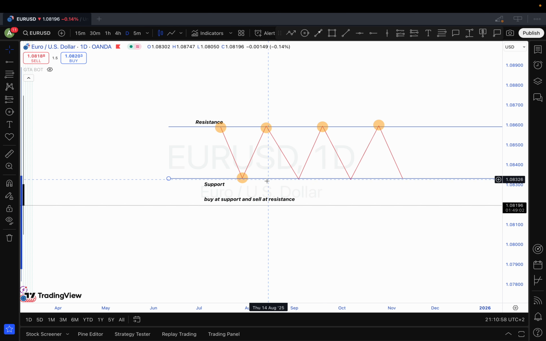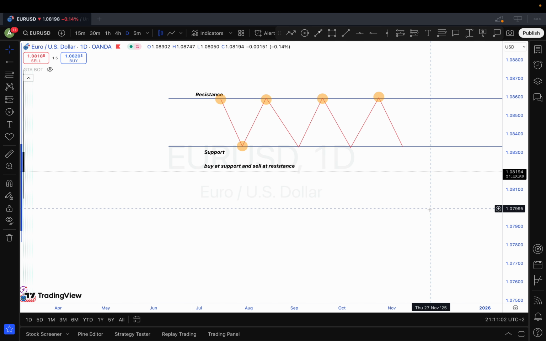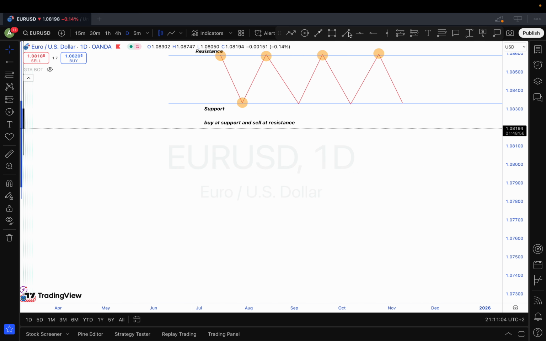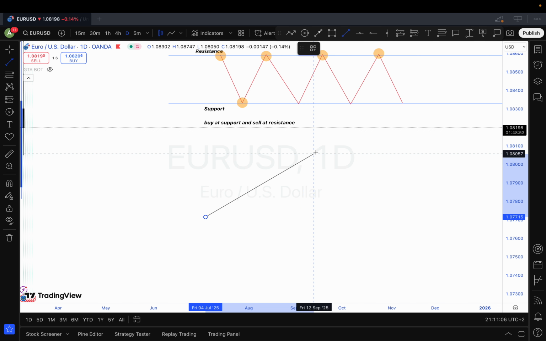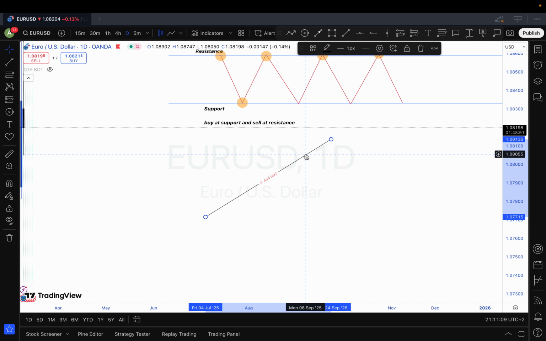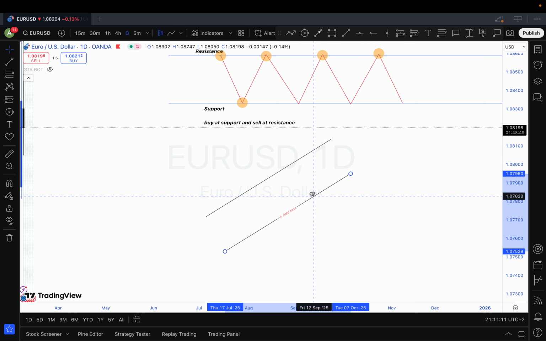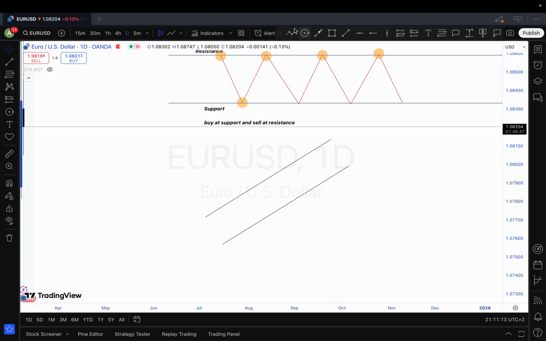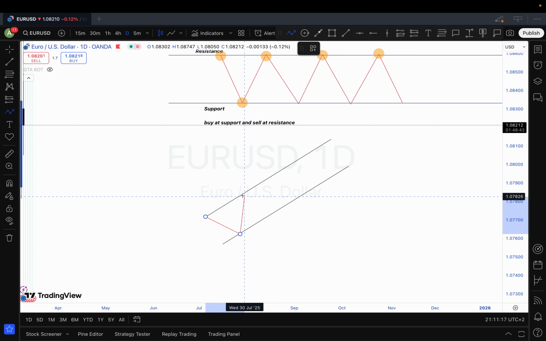And then again, we have a different type of support and resistance, right? This support and resistance is the thing that we see in our daily trading. There's no way you're going to be trading and not have support and resistance. It's one of the basic principles.